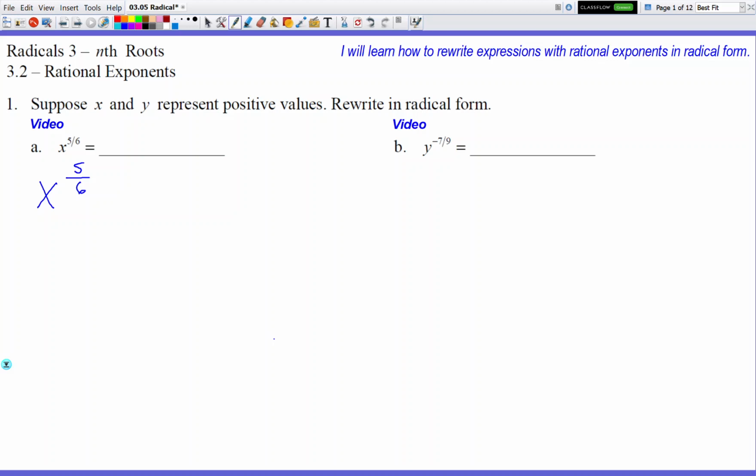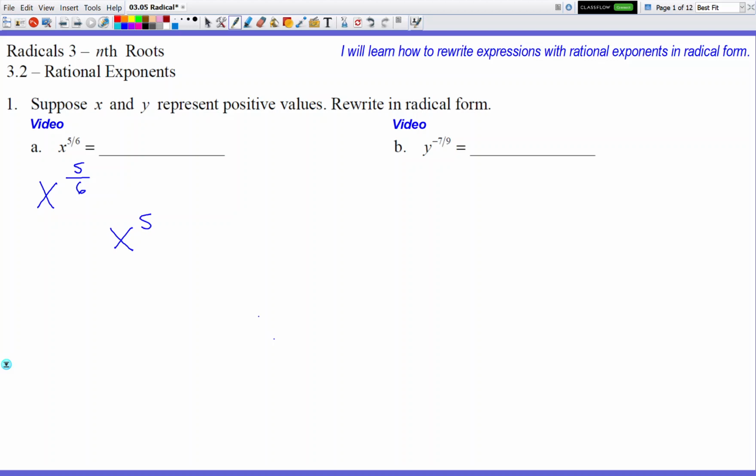Okay, so basically this is an exponent, it's a fraction, and each part of the fraction tells you information about what's going to happen to the x. The top of the fraction tells you how many x's you have. Since there's a 5 on the top of the fraction, that means you have 5 x's, so let's write x to the fifth.